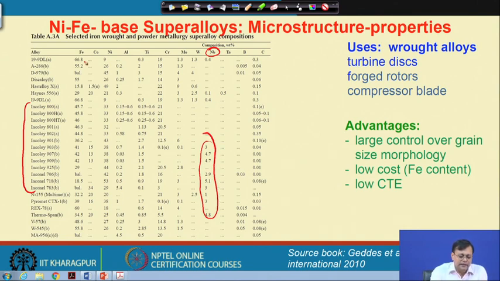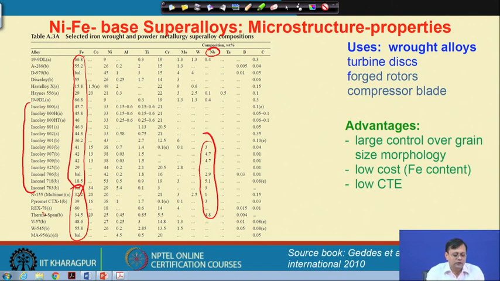Now, here the iron content ranges between 66 and 42%, and even in some cases it reaches 60 and so on. So, the iron content is much higher than the nickel content.